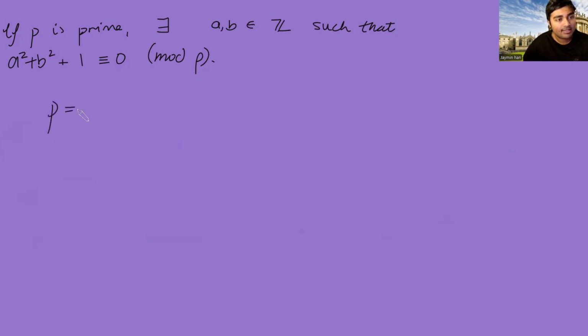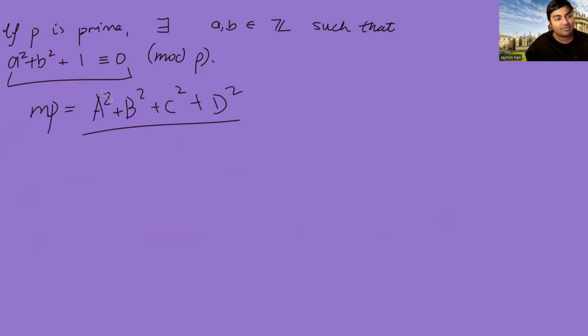So for every prime p, there exists a squared plus b squared plus c squared plus d squared. The way you do this is, well, it's pretty clear that there is some positive integer m, sorry, that m times p is the sum of 4 squares. That's pretty much by this result here.